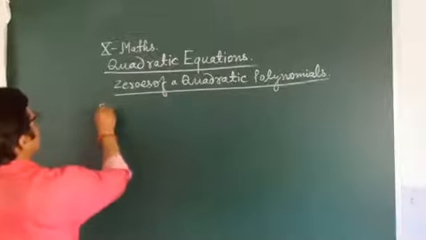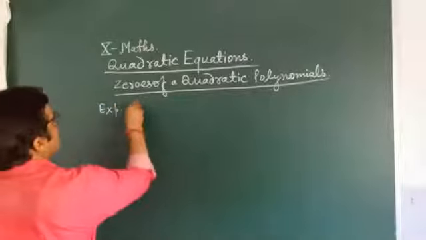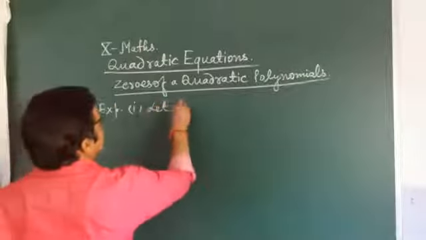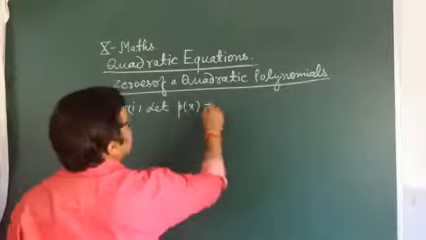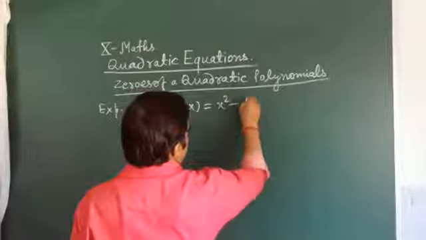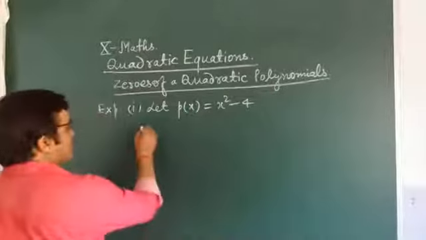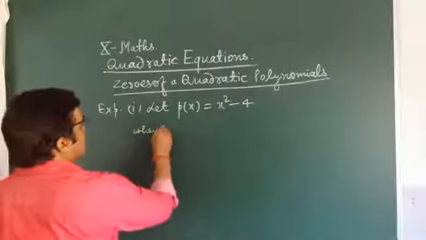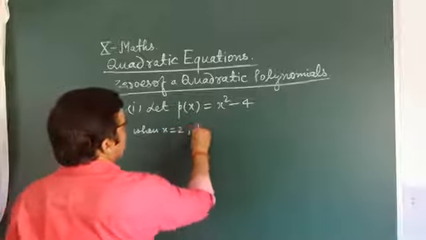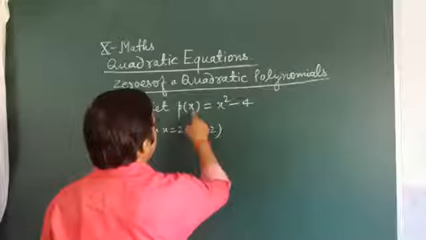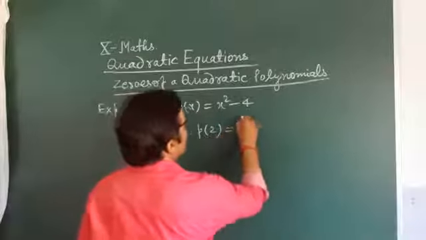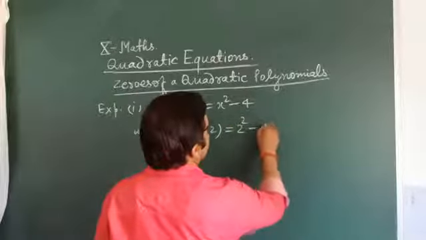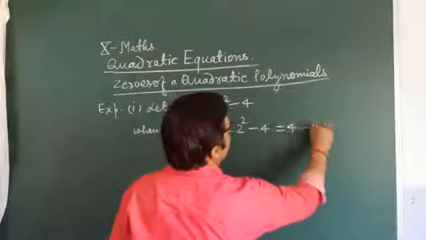So we consider an example. Example first: let p(x) is equal to x square minus 4. Then let us put x equal to 2, that is p(2). Putting 2 in place of x, we get 2 square minus 4 equal to 4 minus 4 equal to 0.